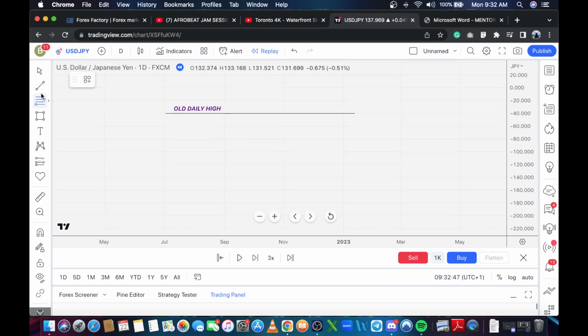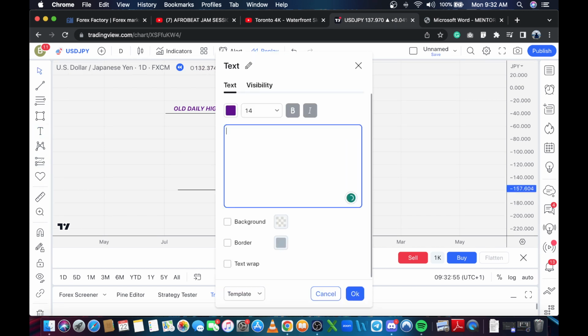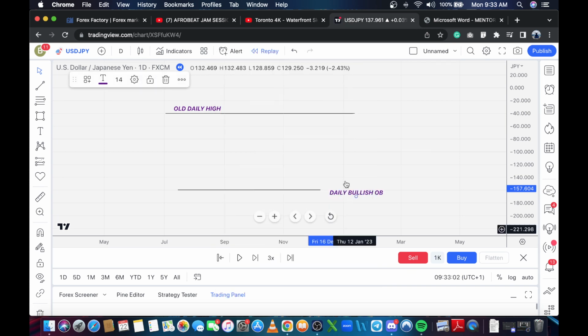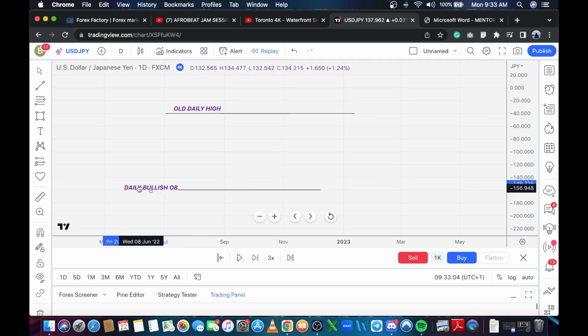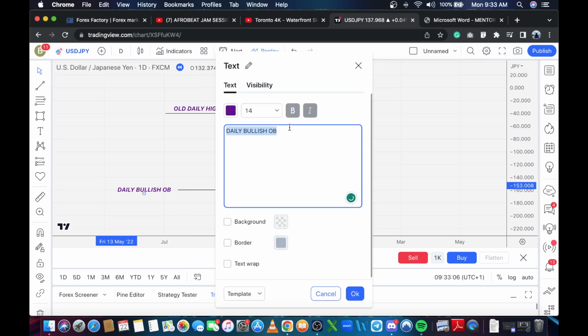And we have a discount array down here, and we're going to assume that discount array to be a daily bullish order block. Okay, sorry, this right here is a daily bullish order block, or it could potentially even be a weekly bullish order block.